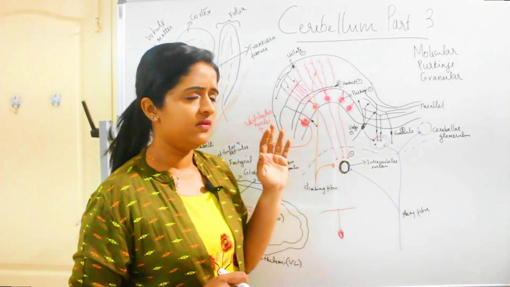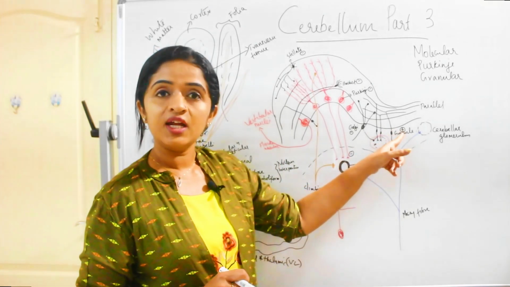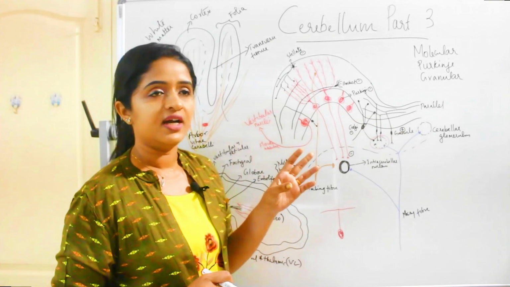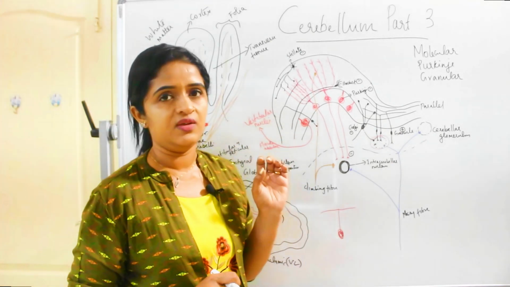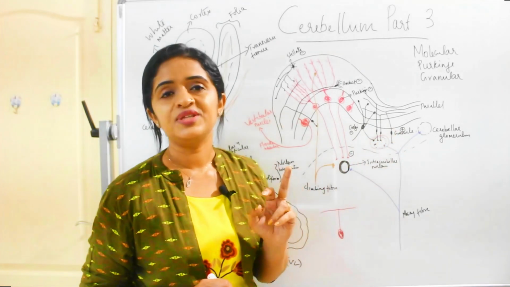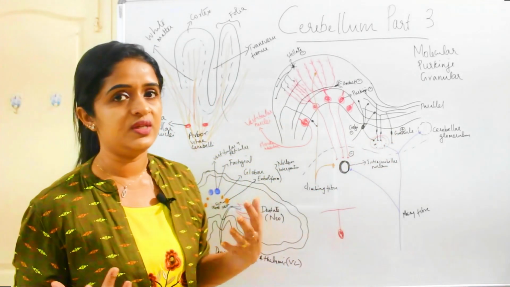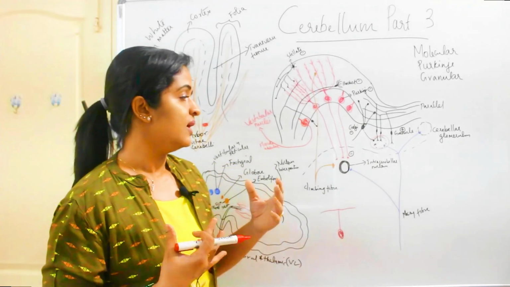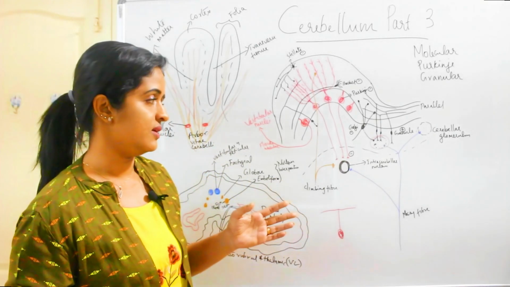Of these 5 types, only the granule cells are excitatory, whereas the Golgi, the basket, the stellate and the Purkinje cells are all inhibitory in function. Only the granule cells are excitatory. In the next session, we will talk about how these inhibitory and excitatory responses influence the entire circuit when we discuss the white matter.